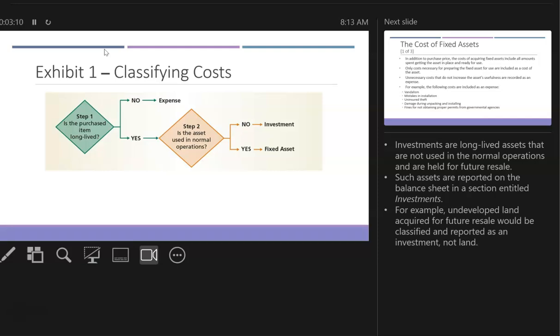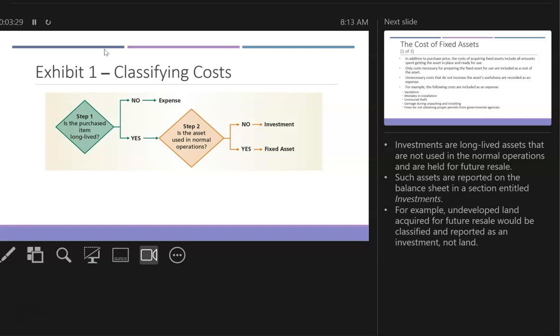So here's how you look at it. Is the item purchased? And if that item's been purchased, is it long-lived? Meaning, will it last for more than a year? If it won't last for more than a year, we're going to expense it on the income statement right away.